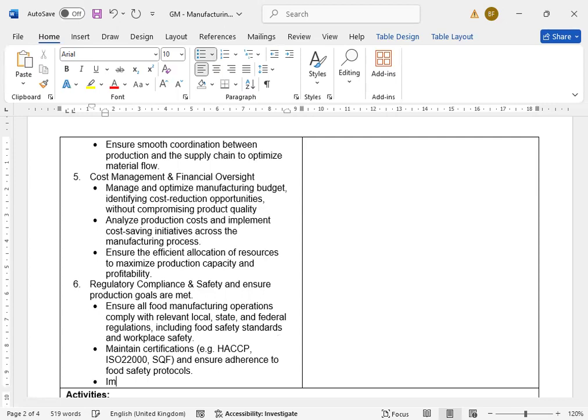Then another one would be implement robust safety programs, or you can implement safety initiatives. If you don't have bollard, you put bollard. If you don't have machine guarding, you put machine guarding.